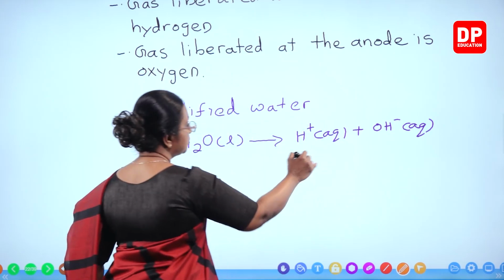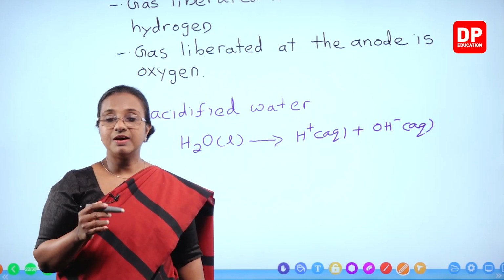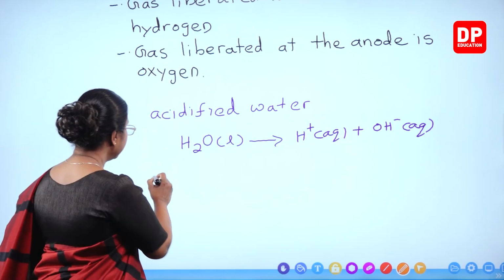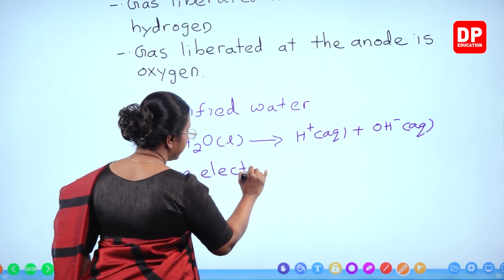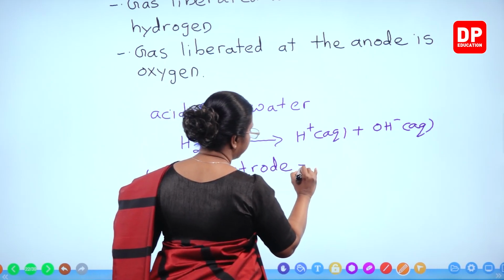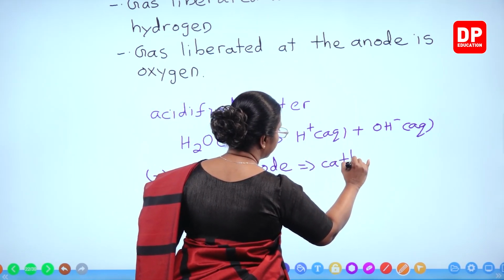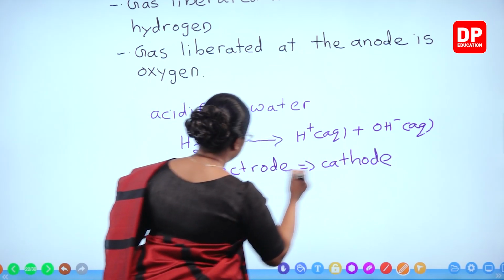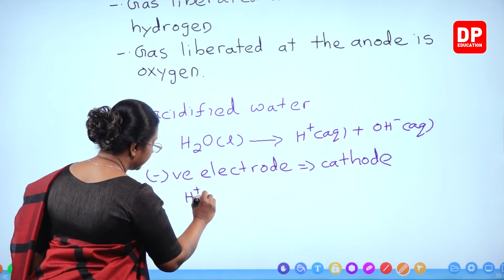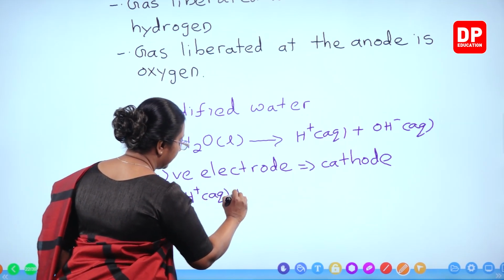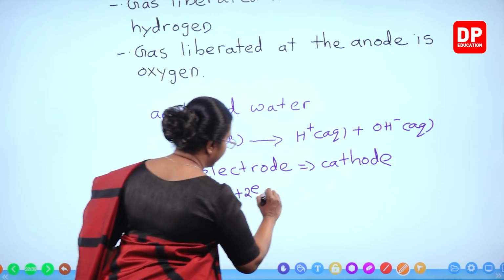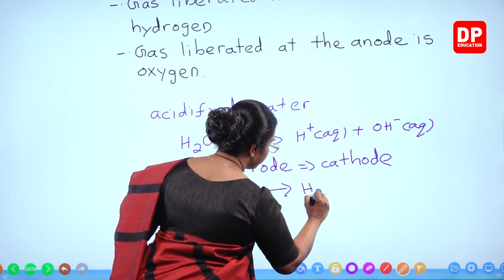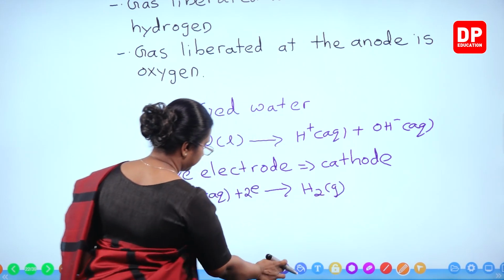Here the H plus ions, the positive ions, get attracted towards the negative electrode, that is the cathode. Near the cathode, H plus ions will take up electrons, and to balance it we need 2H plus plus 2 electrons to give rise to H2 gas.